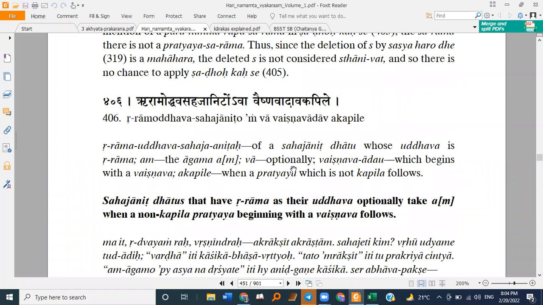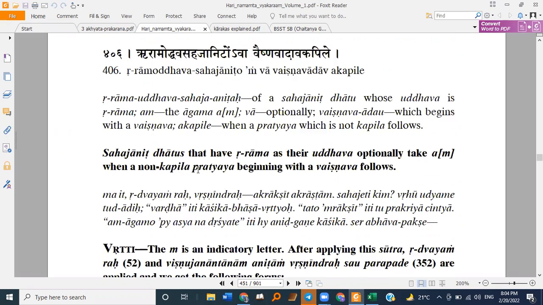The next sutra says Riram Uddhava Sahajanitom Va Vaishnavadava Kapile. Sahaj Anit Dhatus that have Hri Ram as their Uddhava, like Krishna Dhatu is Sahaj Anit and it has Hri Ram as its Uddhava.